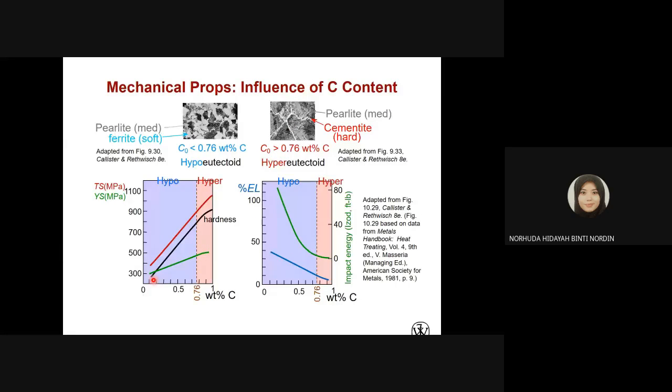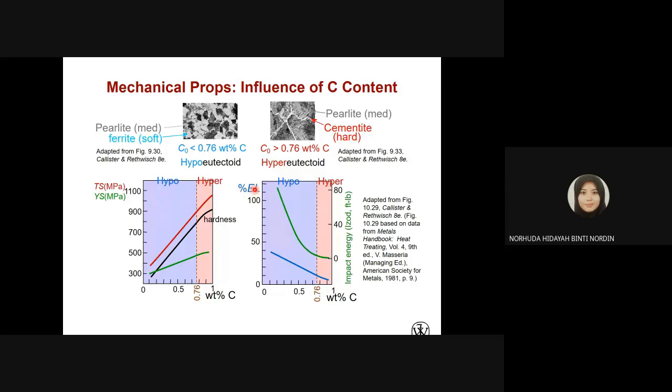When you increase carbon to more than 0.76%, you get hypereutectoid. Hypereutectoid means more carbon, and the material is harder. So you get more hardness and more yield strength.